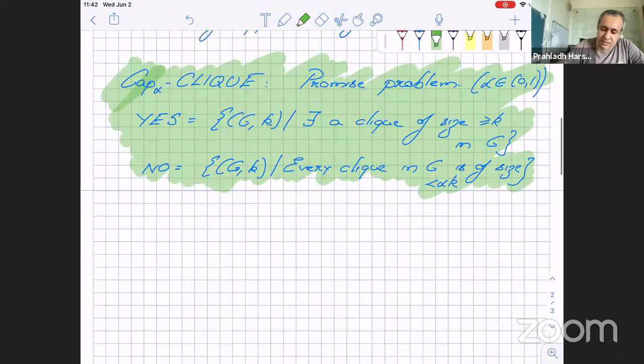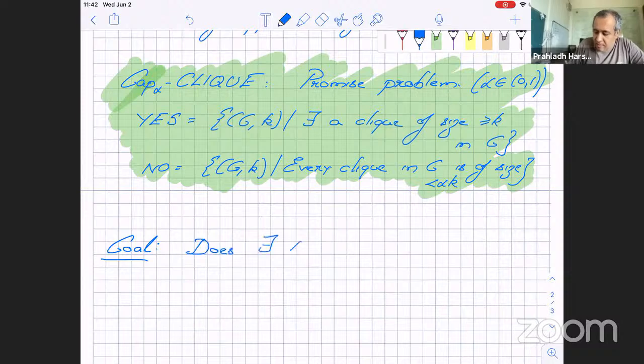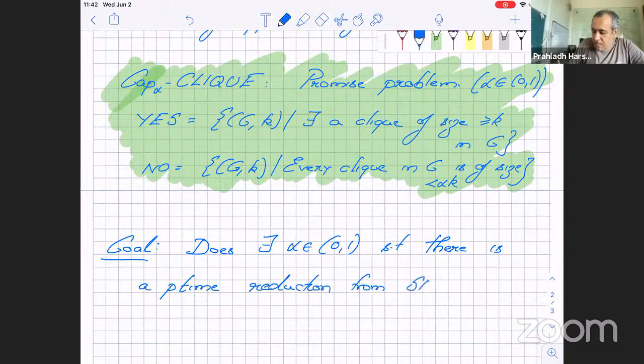So the goal for today's lecture is to ask, does there exist an alpha in (0, 1) such that there is a polytime reduction from SAT to gap alpha clique?